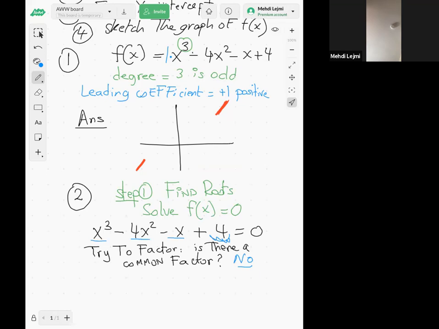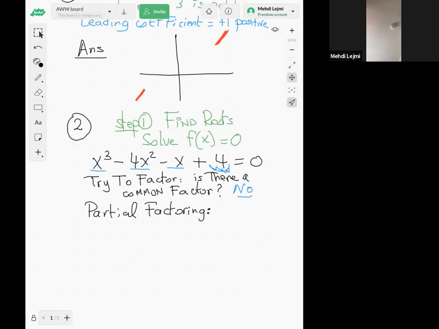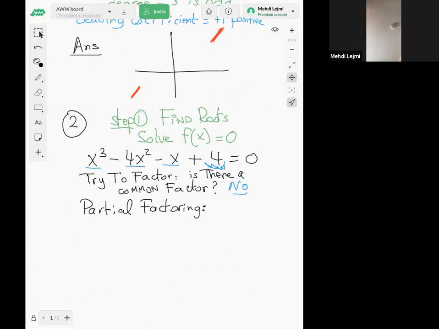So if the factorization doesn't work, we can try partial factoring. Absolutely, Leah, yeah. So partial factoring. Okay, so what we can do is try to take, for example, the first 2 terms. So we have x cubed minus 4x squared minus x plus 4 equal to 0.